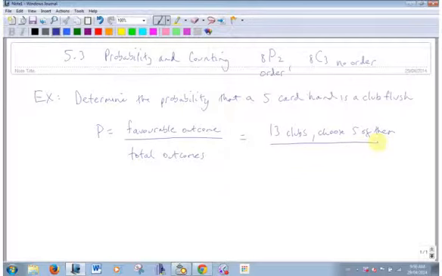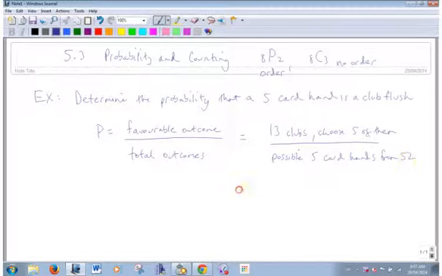Total. How many cards? I've got cards in my pocket. I'm going to reach in and pull a card. How many are in the deck of cards? This is the number of possible 5-card hands from, well, we know a proper deck has 52 cards.